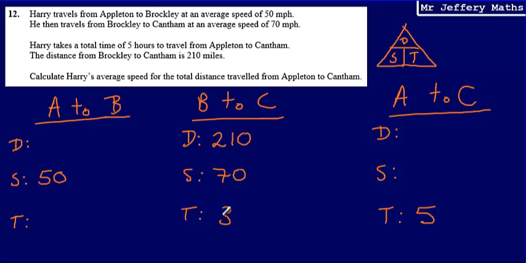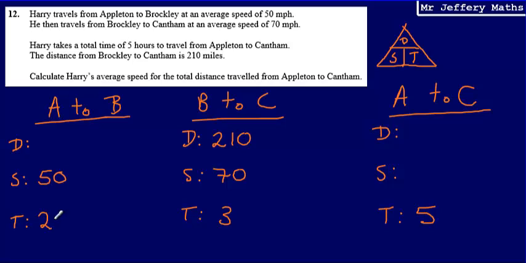That then tells me that if he was travelling between Brockley and Canton for 3 hours, and he was travelling for a total time of 5 hours, then the amount of time that he was travelling between A and B was 2 hours. Now to work out the distance from A to C, I just need to work out the distance from A to B and add that to the distance from B to C. So let's do this.